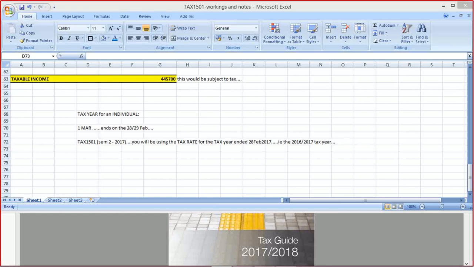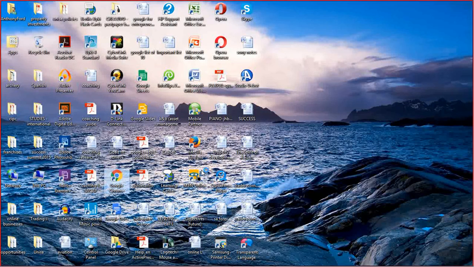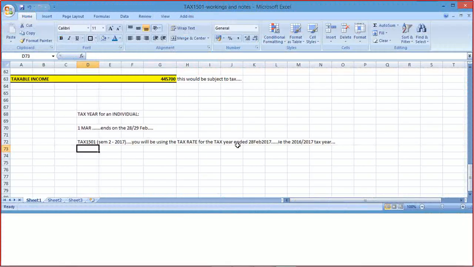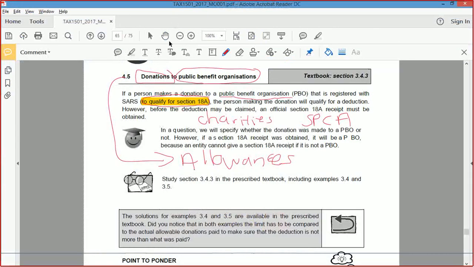I think I might have something. Okay, SARS, 2015 to 2016, no. I want 2016 to 2017. Okay, no, I don't have that here. But let's download a copy of it then. I'm going to close this one, we don't need it.